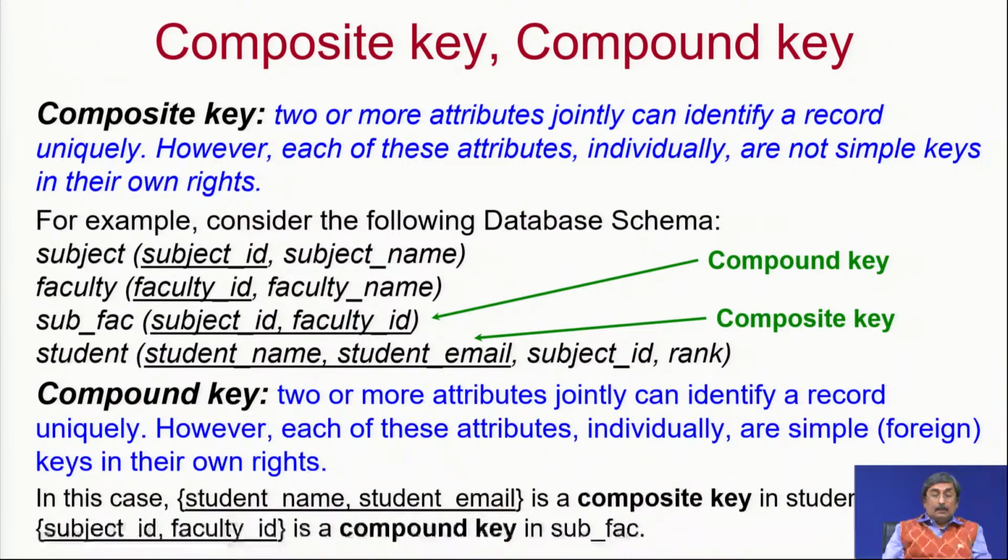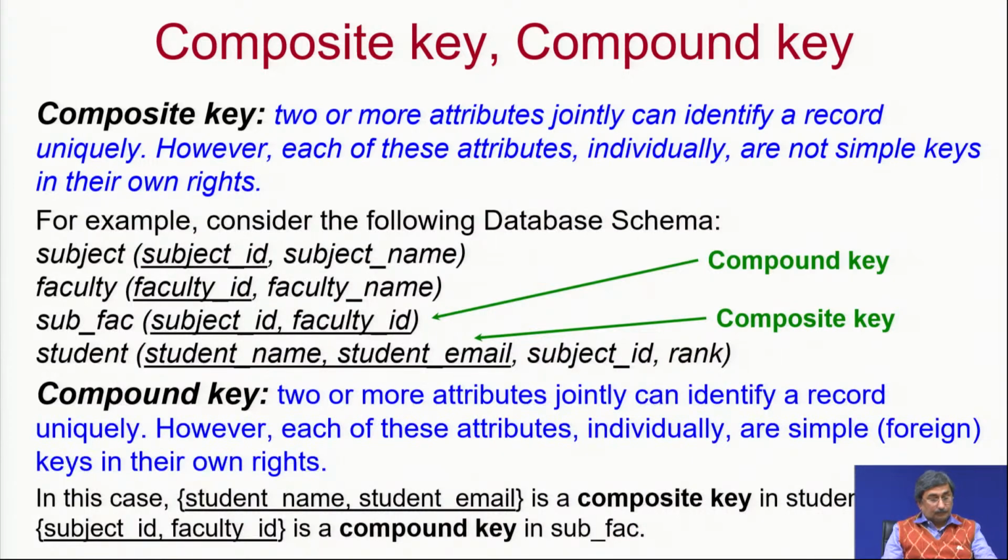Similarly, subject ID is the primary key of the subject relation, and therefore, this is also a composite key, but a special kind of composite key where individual attributes are foreign keys to other relations, and therefore, we call such composite keys compound keys. So, a compound key is necessarily a composite key, but the attributes of the composite key become foreign keys to other relations.